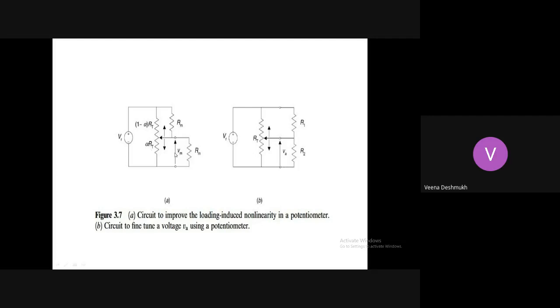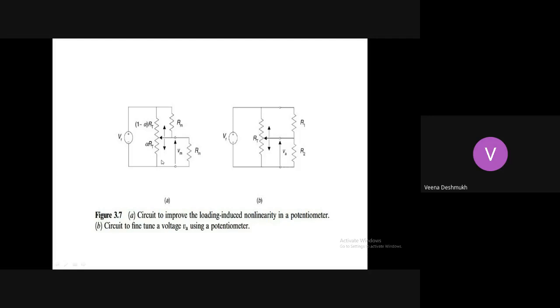Now, this is an improved version of the earlier one. Earlier we had only this combination and the tapping point. Now one more resistor gets added here, which is equal to this value Rm. By doing this, you are forming somewhat like a bridge combination.